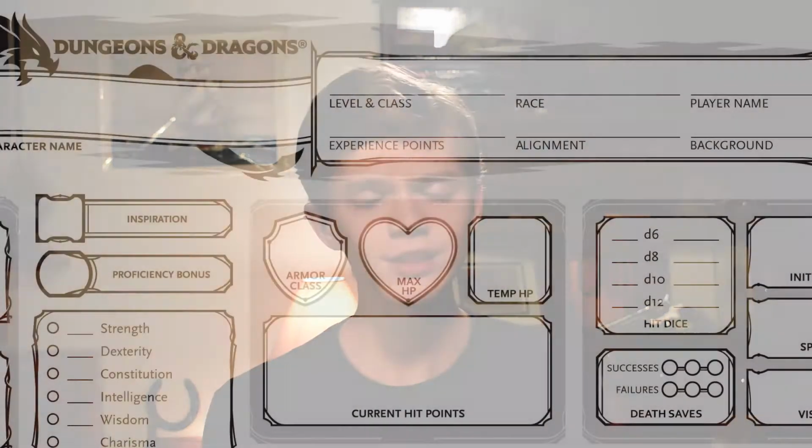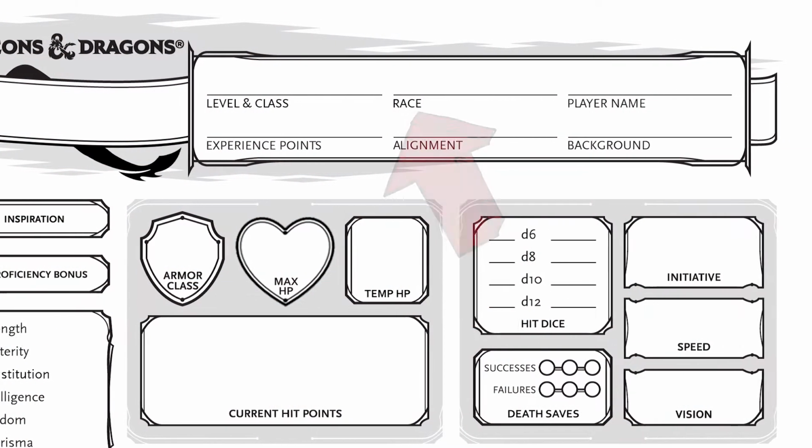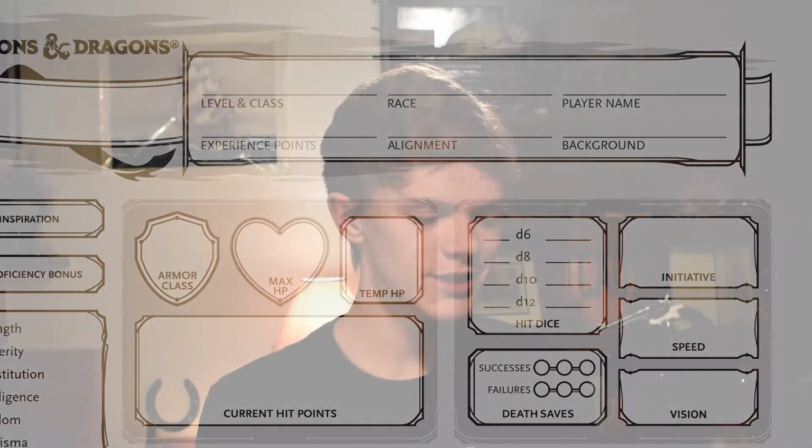And next to the level and class blank, we have the race blank. Now, race in D&D is kind of different than what you would think it would be in the real world, obviously. It's kind of similar, but not exactly the same. Races in D&D span from human to elf, to dwarves, to half-elves, to halflings.